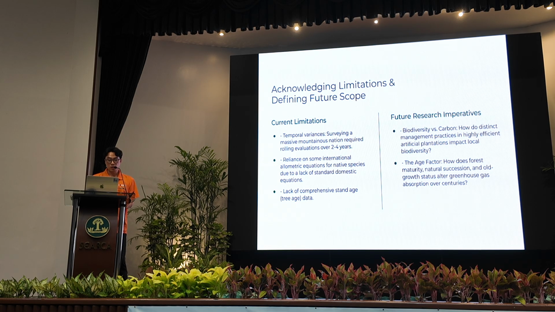And third, we lack comprehensive tree age data. So these limitations define our future research imperative. We will study how distinct management practices in artificial plantations impact local biodiversity. We will also study how forest maturity and old growth status alter greenhouse gas absorption.